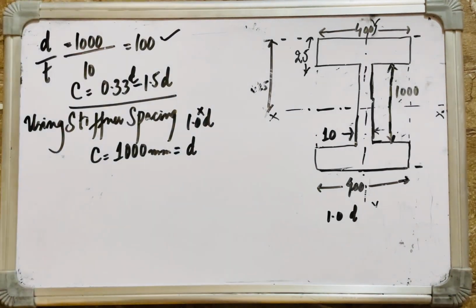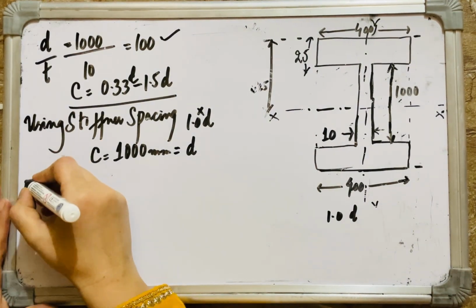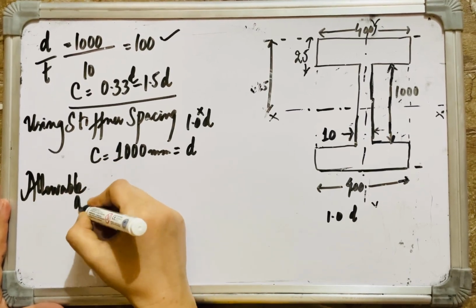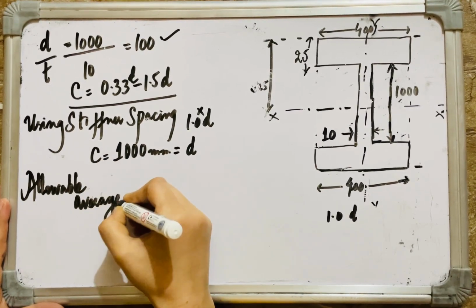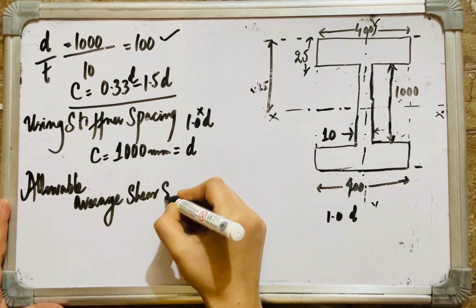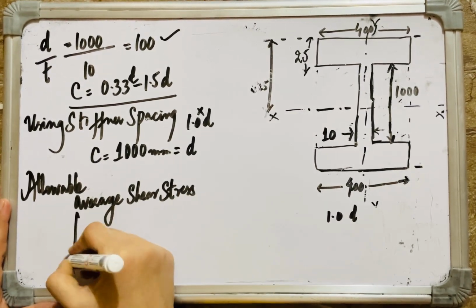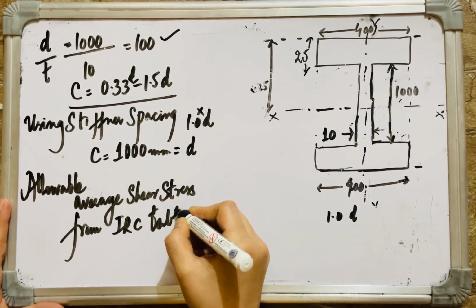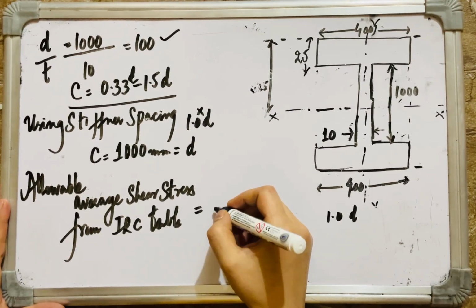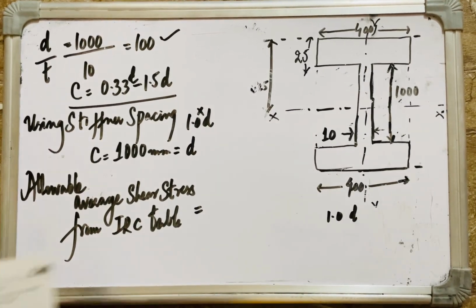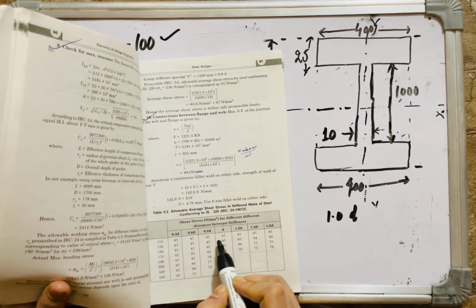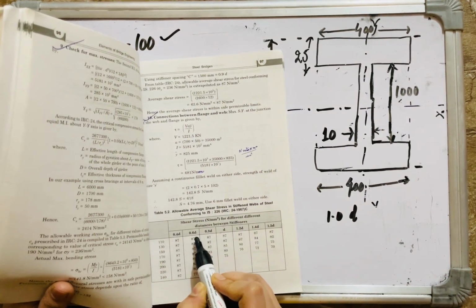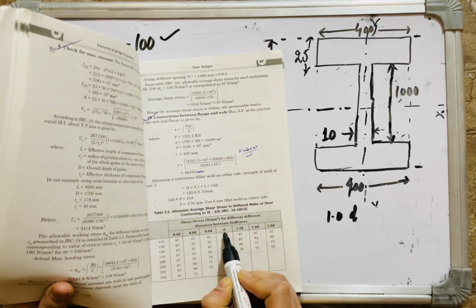Please note the allowable average shear stress from the table. We checked 110. In this column, for stiffener spacing, we don't have 0.40d, 0.60d, or 0.80d, we have the d.